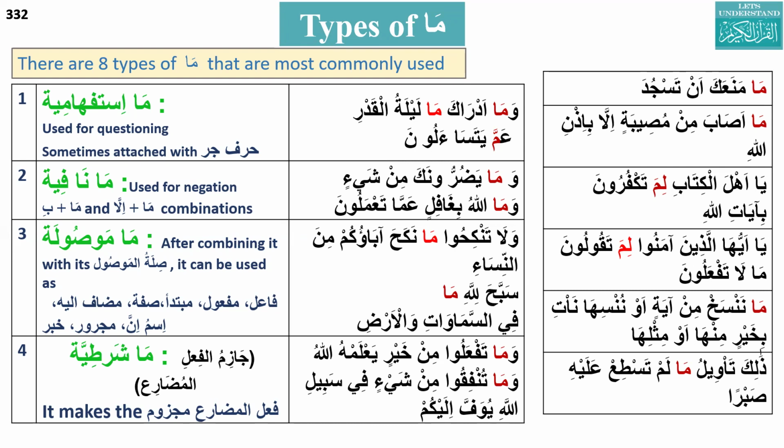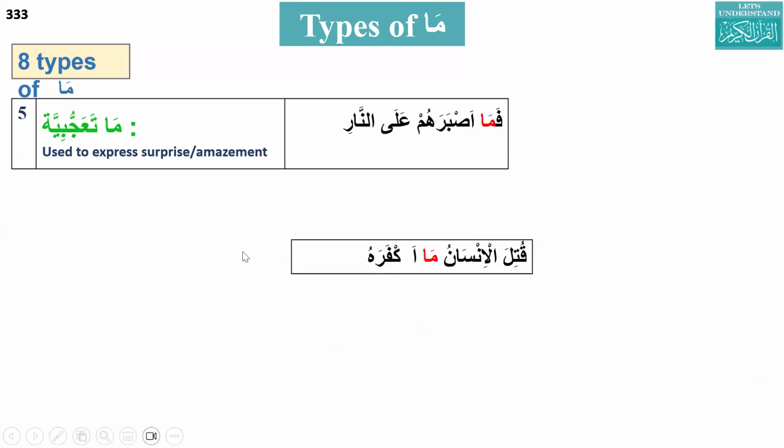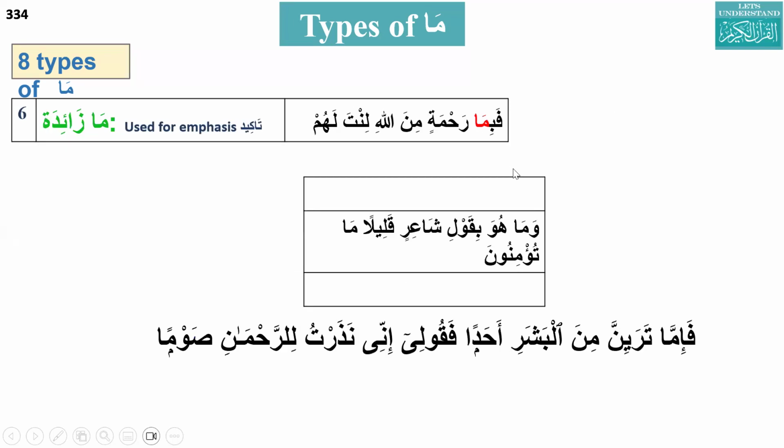So that is ma shartiya. Then there is ma of amazement. It is used to express surprise and amazement, and it is on the pattern of ma af'ala, like ma asbara, ma akfara. So it is on the pattern of ma af'al.